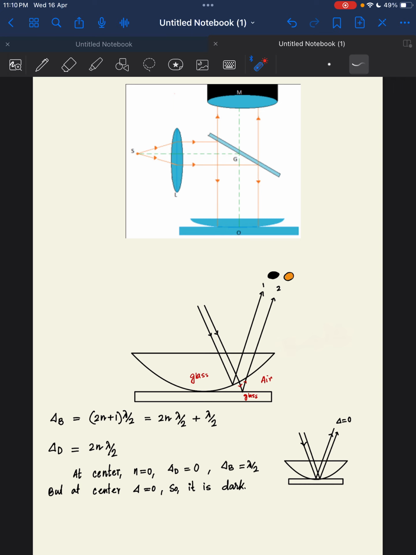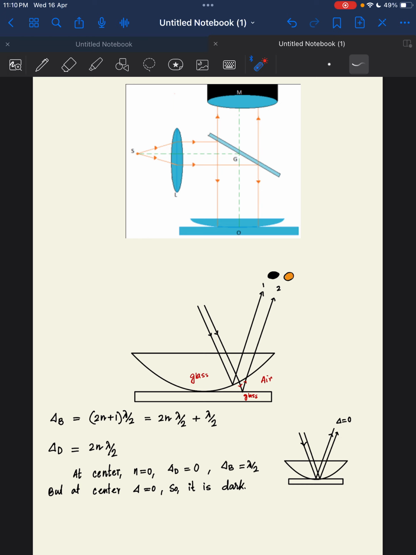So extra path difference lambda by 2 will be introduced, so the condition will be like this. Now if ray 1 and ray 2 satisfy the condition that their path difference is odd multiple of lambda by 2, then they will form a bright spot on the screen. And if ray 1 and ray 2 satisfy a condition such that their path difference is 2n into lambda by 2, then they will have destructive interference, that is a black spot.